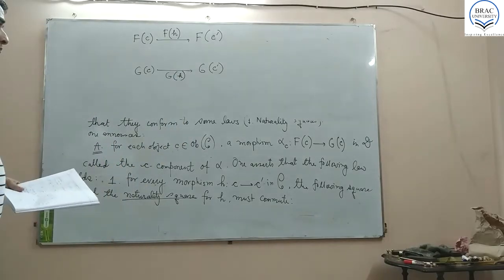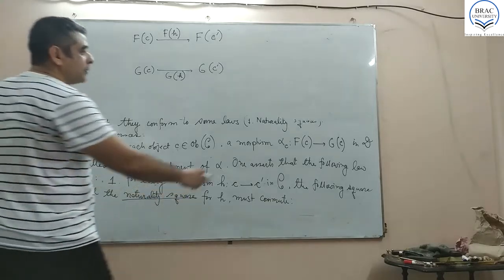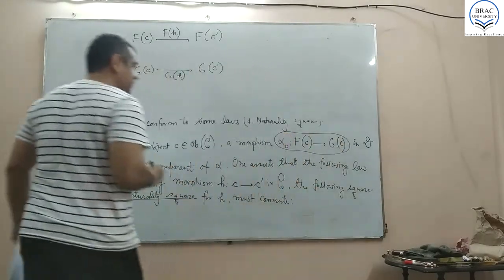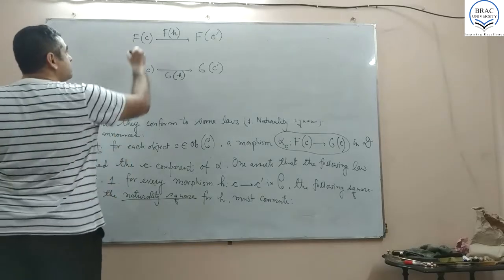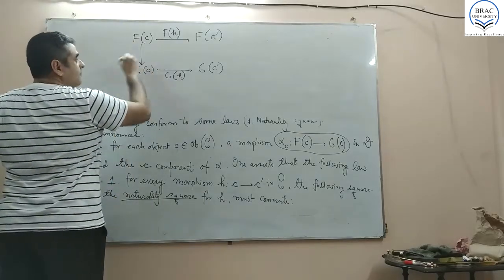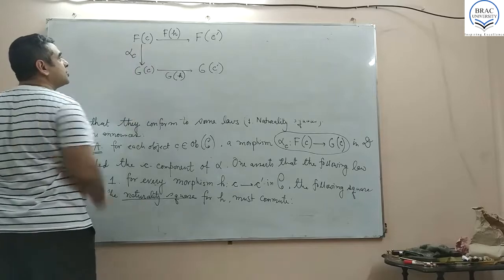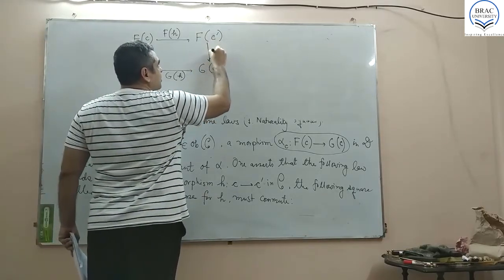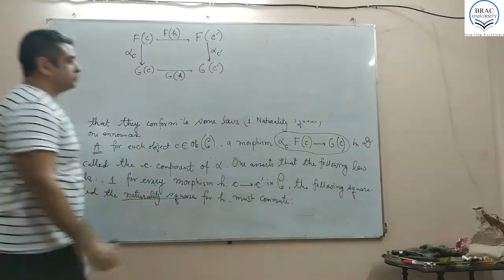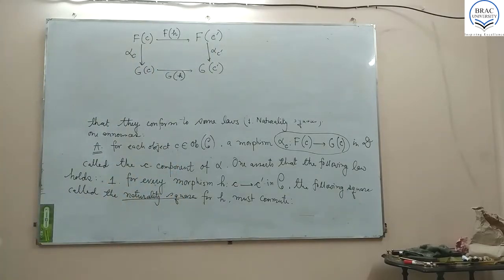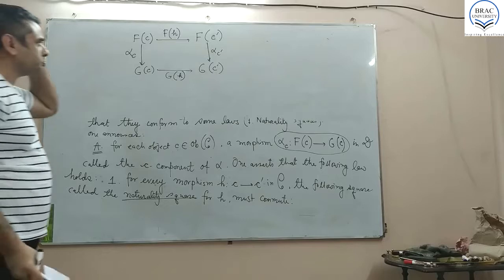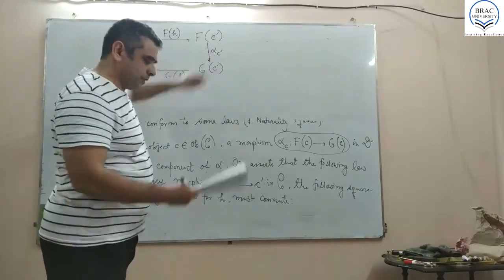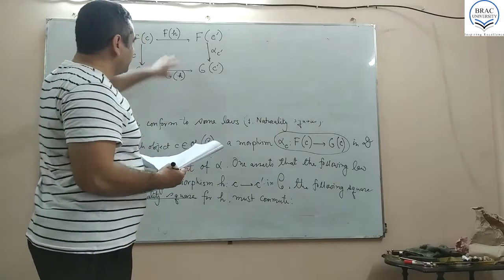From FC to GC is the C component of the natural transformation alpha, and this is the C prime component of the natural transformation alpha. Okay? And this has to commute.